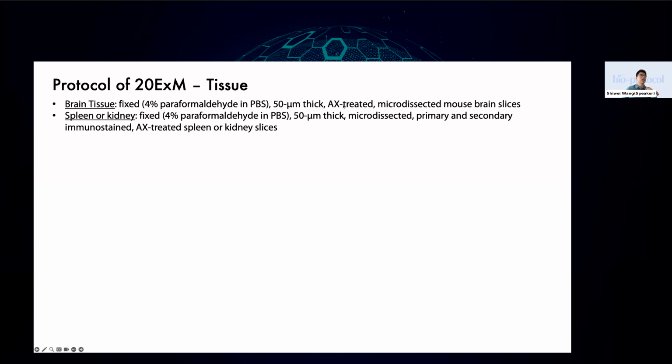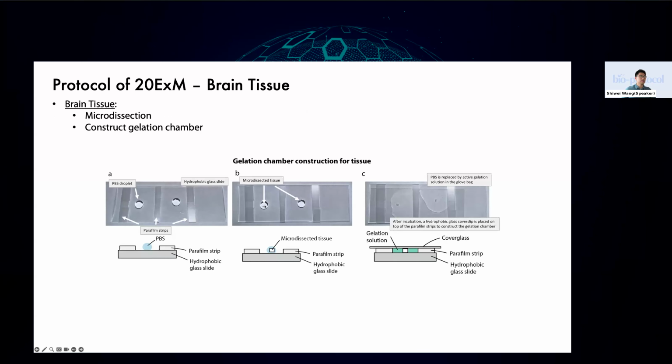Treat it with AX, and then we do microdissection because it will expand a lot. So we typically microdissect a mouse brain slice into pieces less than 2 millimeter by 2 millimeter. So it's quite a small piece, as shown here. You can see this little piece floating in a droplet of PBS.